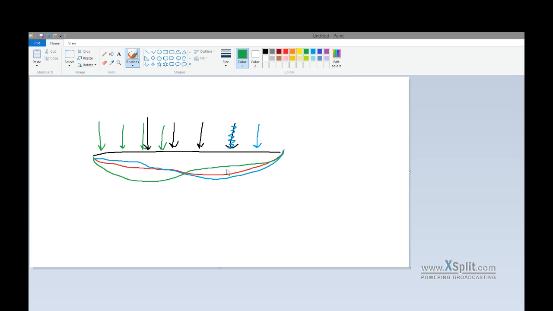I'm exaggerating. So what I mean by moment envelope is that you design the boat not for one case or the other case, but for the critical summation of all the cases. So what I would want to design for is purple here. Let's say we had these curves. Well, our moment envelope would look like this.